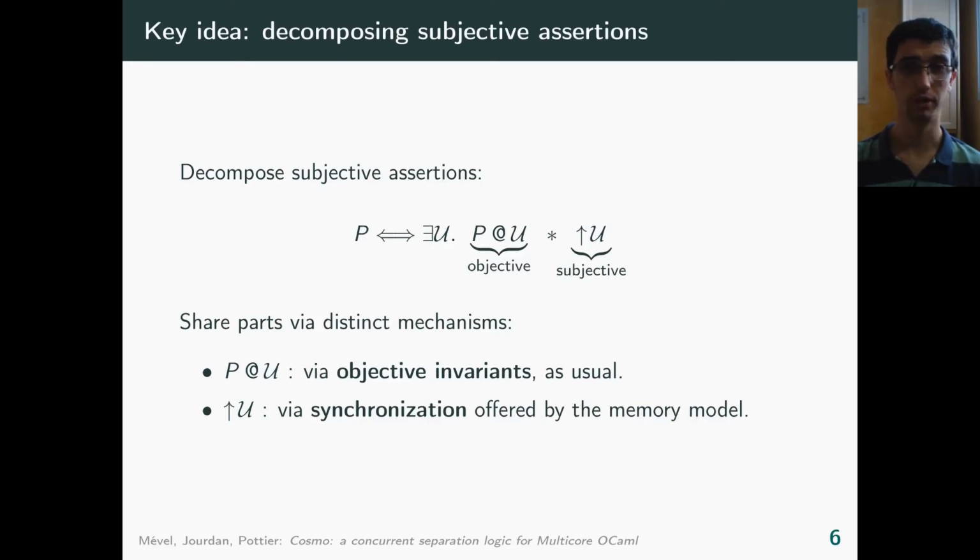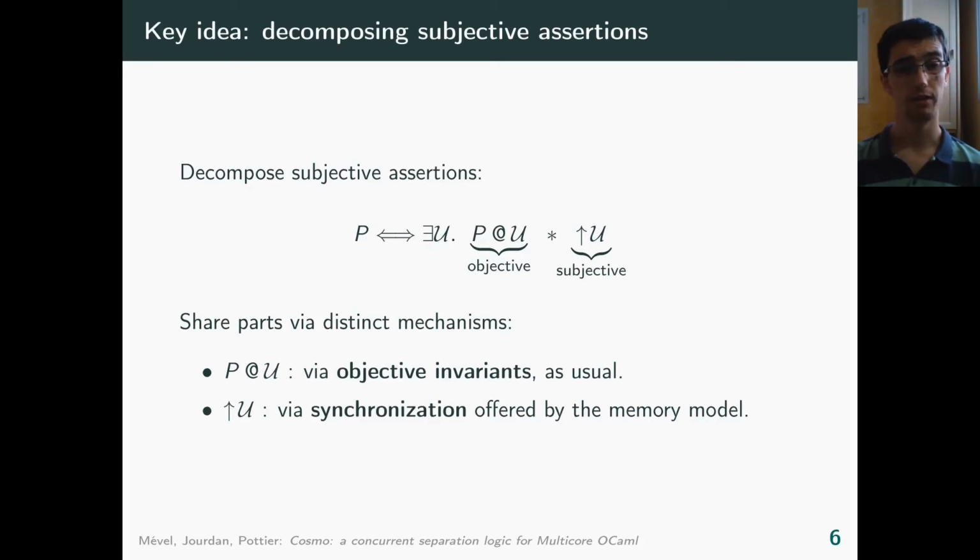This shows in particular that view assertions of the form upper-row u capture all the subjectivity of the weak memory, and this decomposition will allow us to share subjective assertions between threads by using a different mechanism for each part.